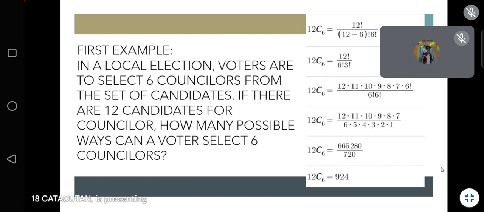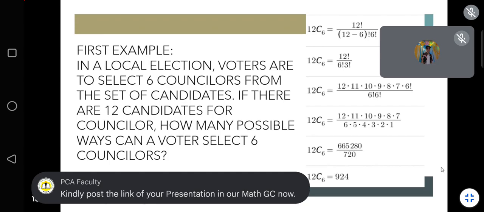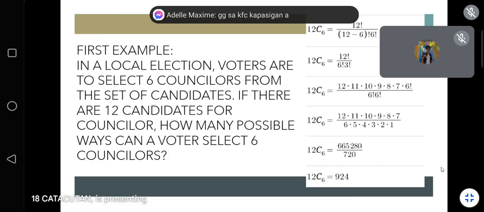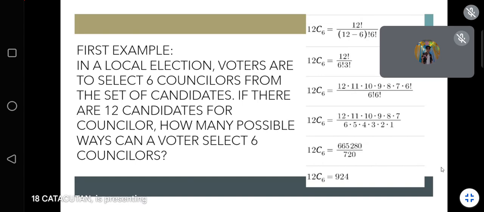Of course, 12 factorial is 12 times 11 times 10 times 9 times 8 times 7 times 6 factorial over 6 factorial and 6 factorial. Next, we will cancel both 6 factorial. Now we will only have 12 times 11 times 10 times 9 times 8 times 7 over 6 times 5 times 4 times 3 times 2 times 1.